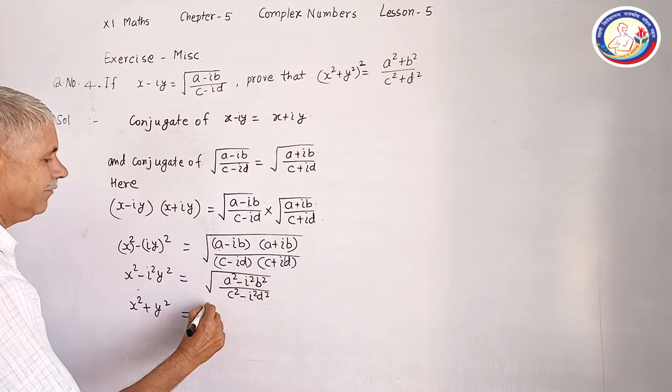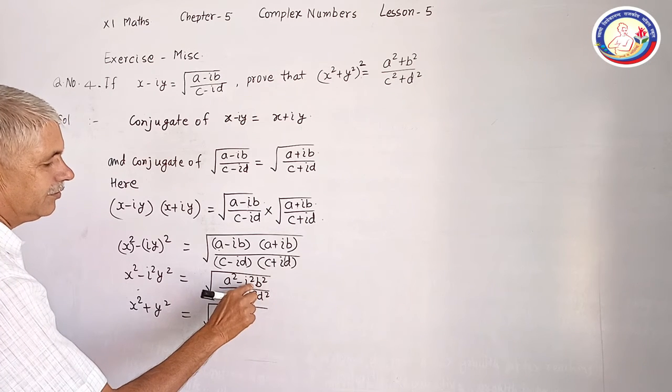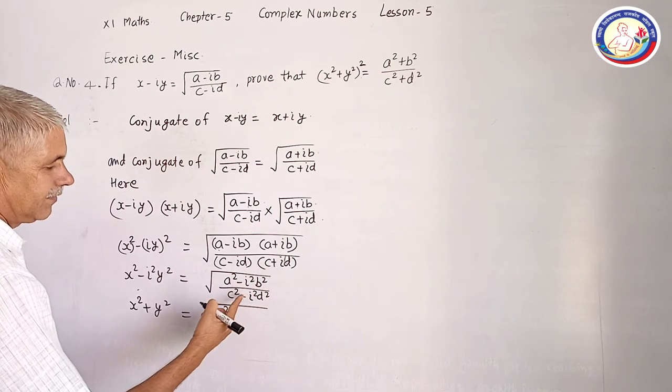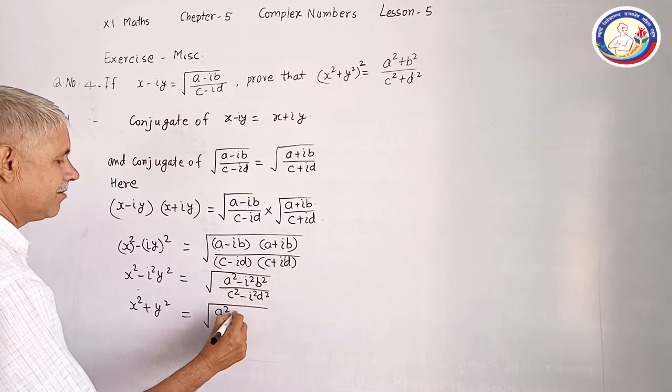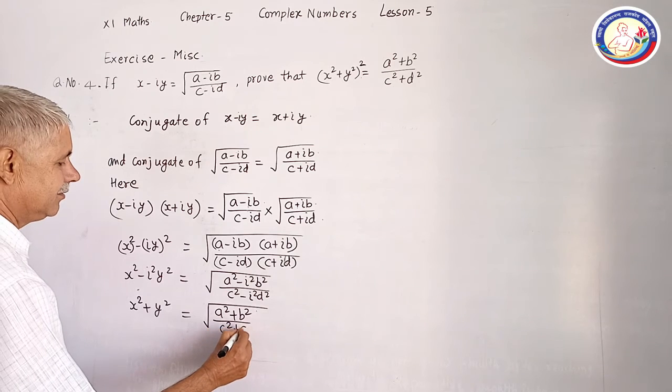Similarly, here we can write a square plus b square divided by c square plus d square.